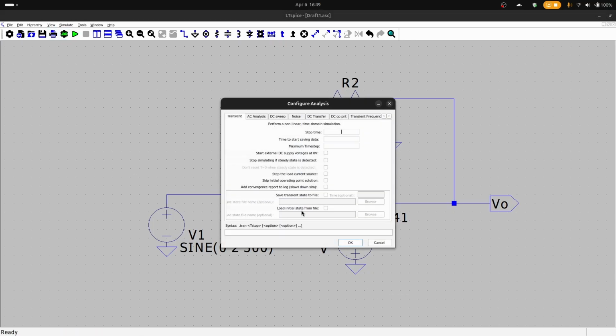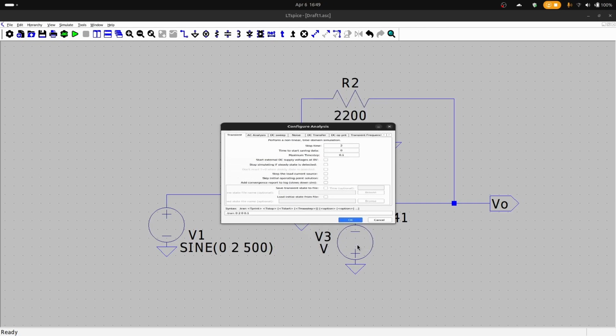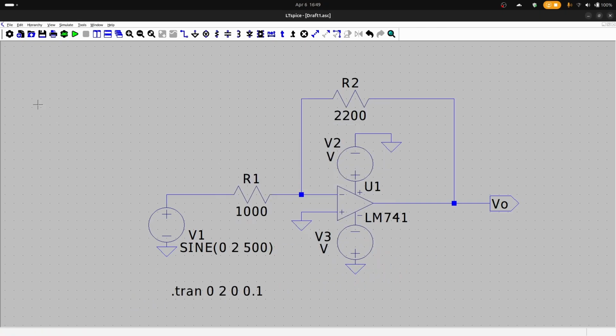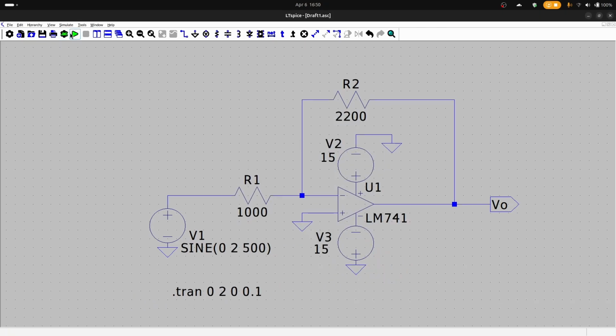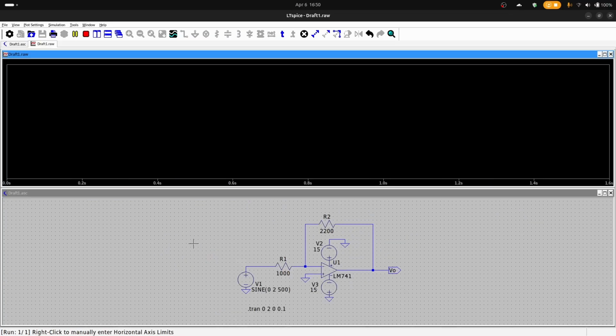Now, before putting the transient analysis, I want the stop time to be 2 seconds. I want to start saving the data as soon as the circuit starts, and we can go with a minimum time step of 0.1 seconds. Okay, and let's start the analysis.